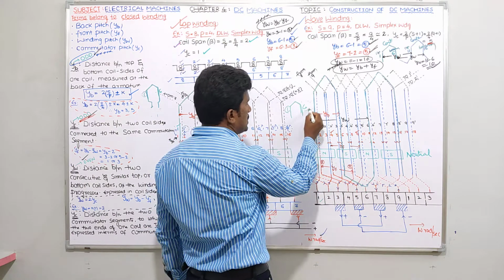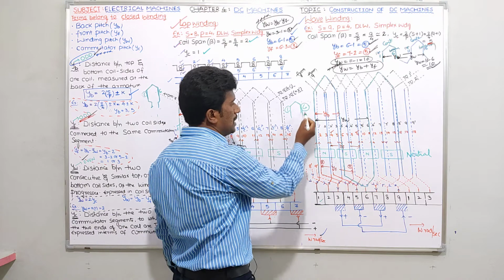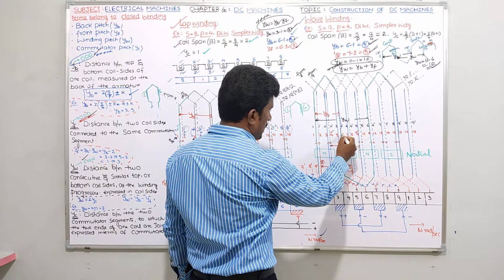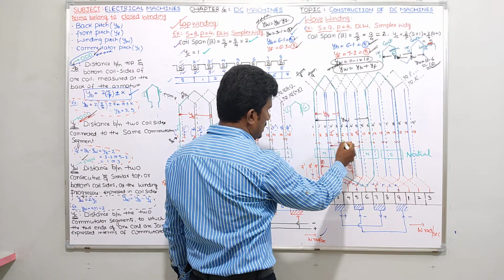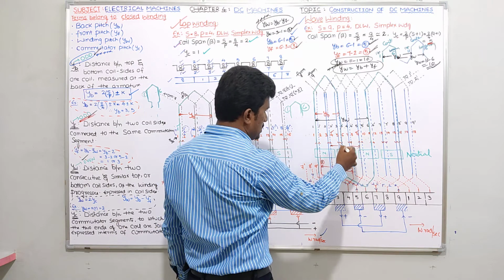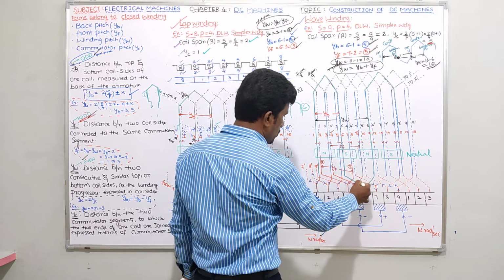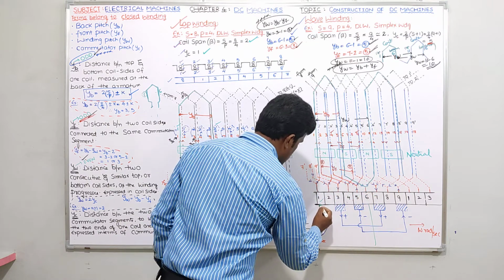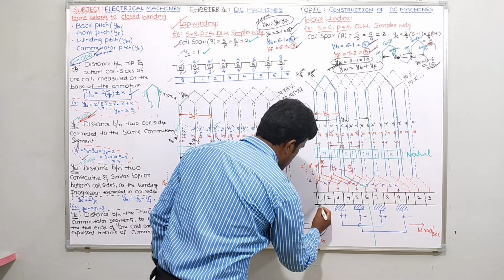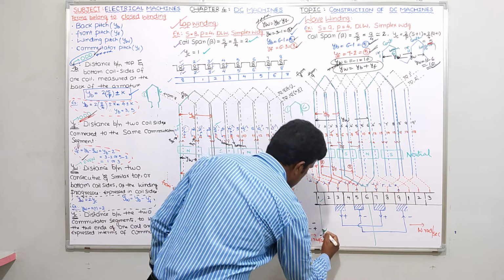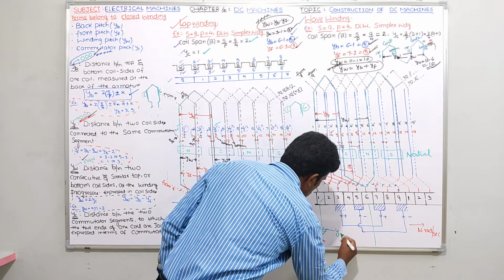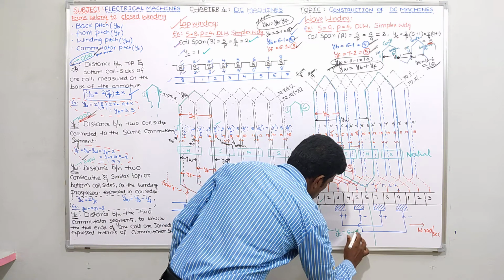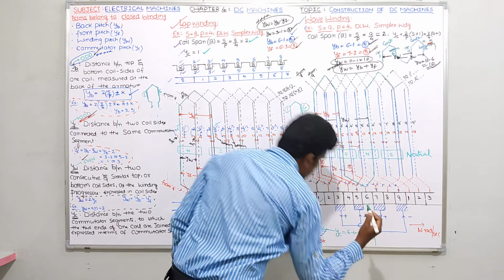And what about the 6th conductor, or one more coil side of this coil? 6 is connected to whom? From 1 to 6, the YC value means 6 minus 1. How much? 5. So the commutator pitch in this case is 5.